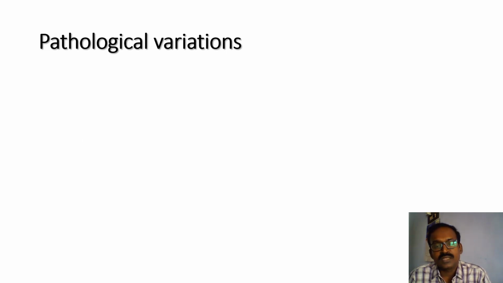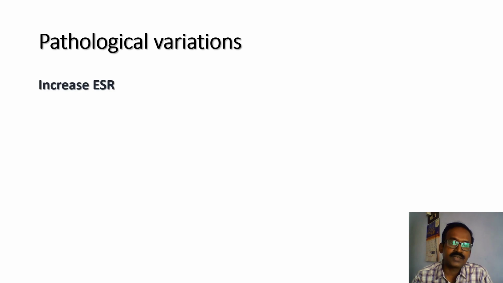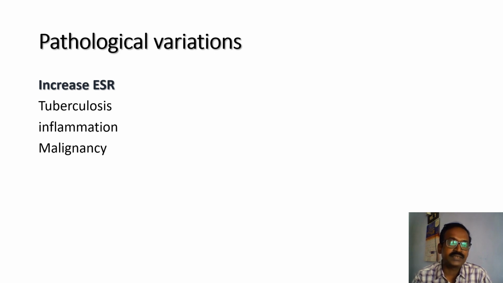What are the pathological conditions that increase the ESR? Tuberculosis: the ESR is increased very much. Inflammatory conditions, malignancy and anemia also increase the ESR. What conditions decrease the ESR?